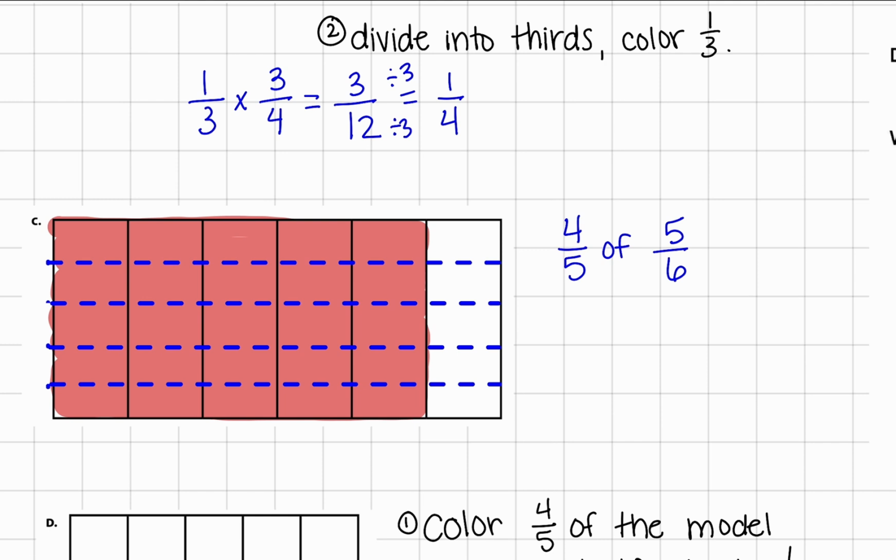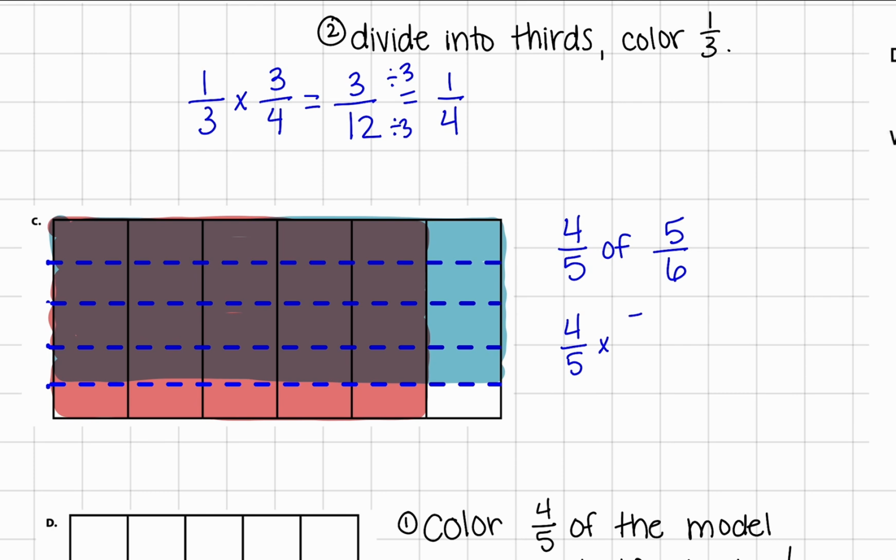Okay, so 4 of the fifths, we're going to cover of the whole thing, remember? So 4/5 of 5/6. How do we write that as a multiplication sentence? Well, all we have to do is change the of to a multiplication sign. So we're going to write 4/5 times 5/6.